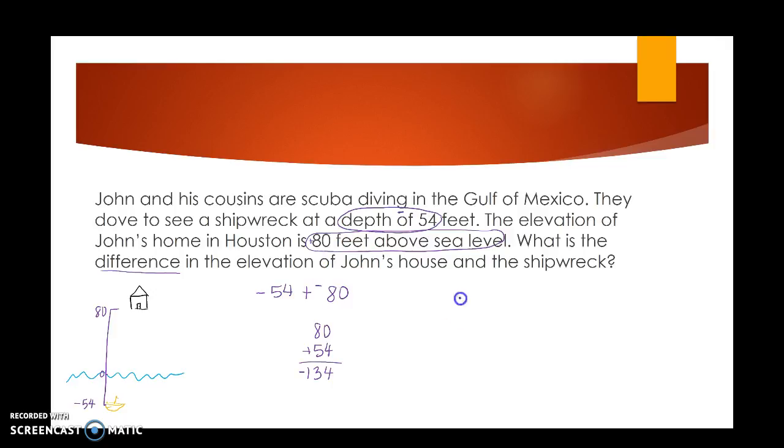And I know that difference must be positive. So if it was asking for the elevation, then it could be a positive or a negative, but it's asking for the difference. So it's asking for essentially 80 plus 54. It's asking for the distance on the line between these two numbers. So my answer is going to be 134. Good job, guys.